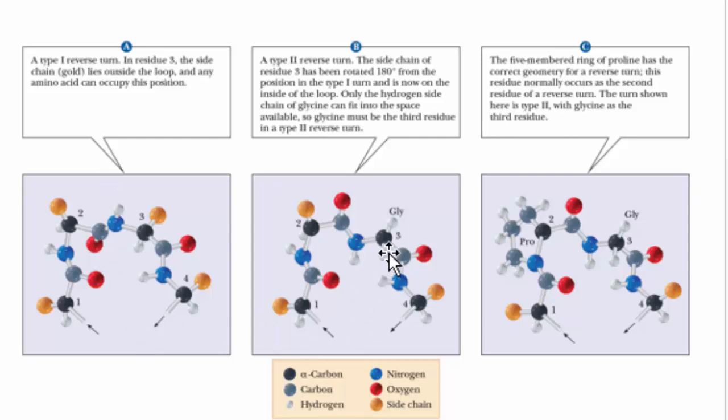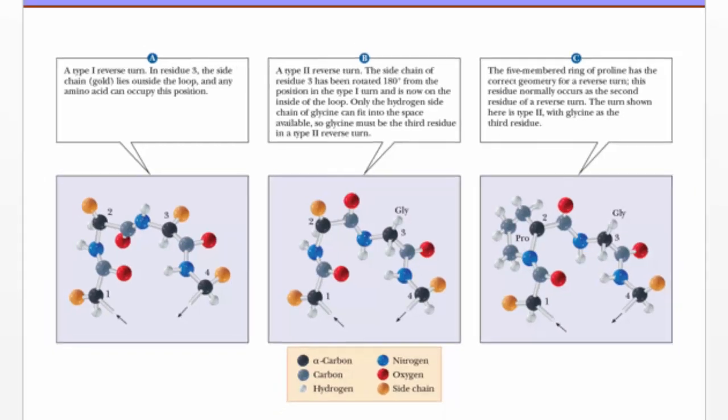Then in type 2, position 3 is occupied by glycine. However, in type 2 proline containing, as we said, proline is a candidate for reverse turn as long as the side chain lies outside the loop, so it occupies position number 2. So these are the 3 types of reverse turns.